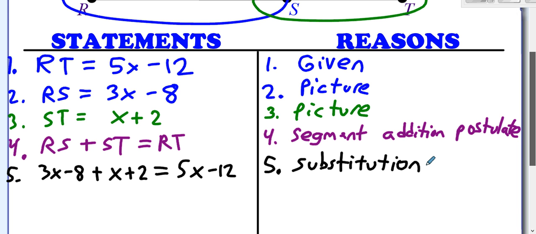So now we've got an algebra 1 equation we can solve. And you really just have to ask yourself, how do you solve it? The first thing I would do is, we've got 3x and x on the same side, so I'm going to combine those. 3x plus x, that's 4x.